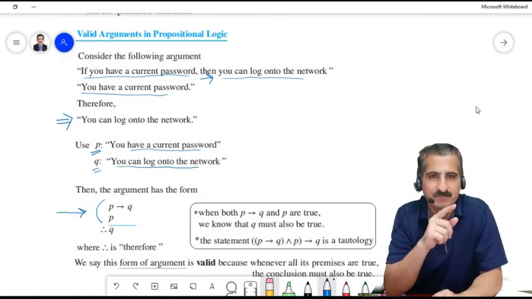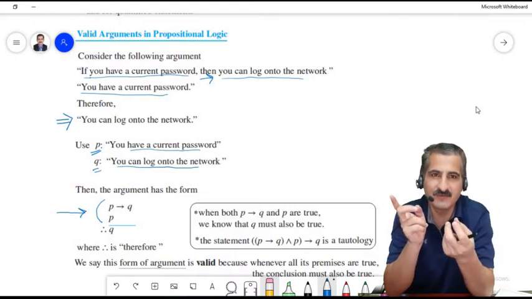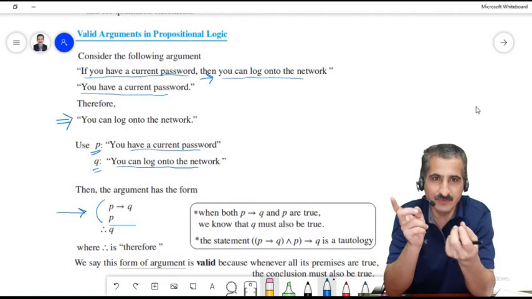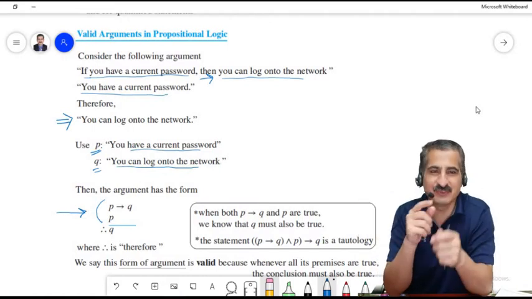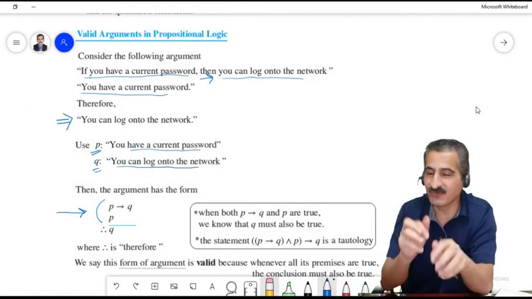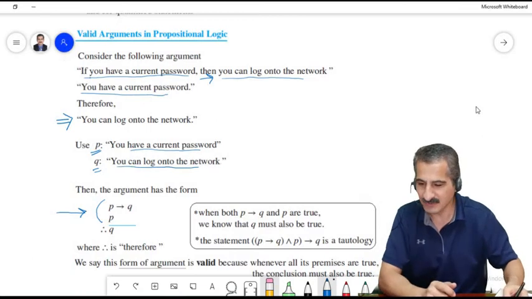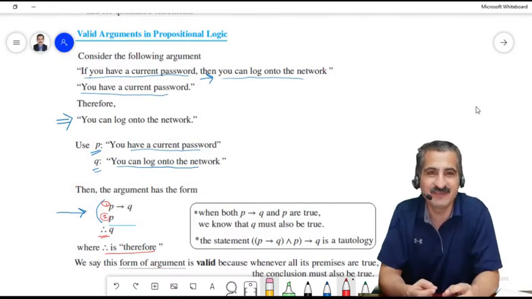P gives Q, and you have P. So you have Q. Again, you have the statement P gives Q to be true, and you have P already. Therefore, you will have Q. Therefore, this means therefore. So if we have P gives Q, and we have P, then we have Q. This is the very first rule of inference.